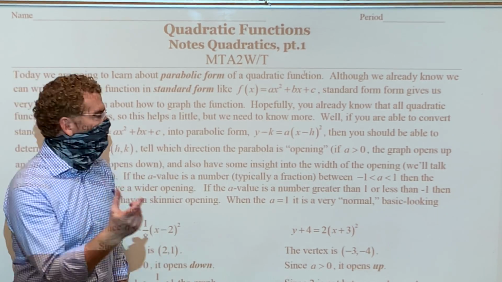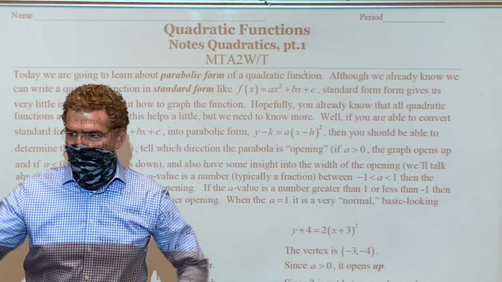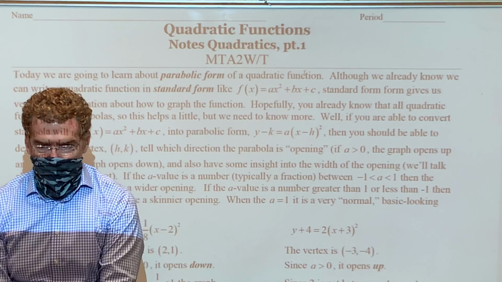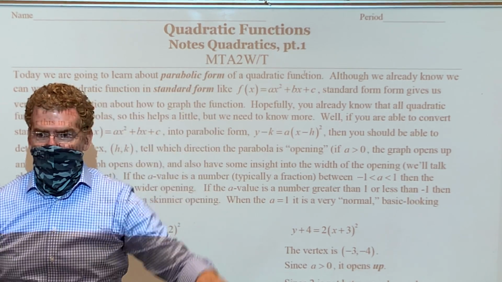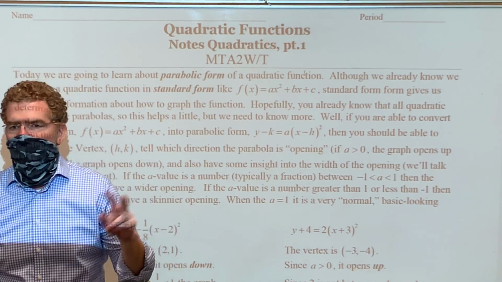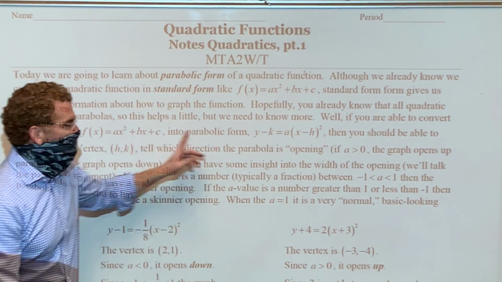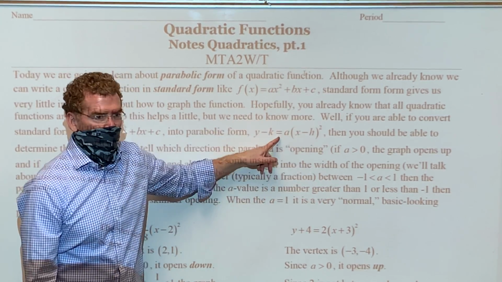The first is I can quickly find the vertex. And you remember what the vertex of a parabola is? Vertex is that low spot right there if it's going up, or the high point if it's going down, okay? And that vertex we think of as kind of like the starting place of sketching a graph, all right? So that vertex, if I can get it in that form, I can find it pretty quickly.